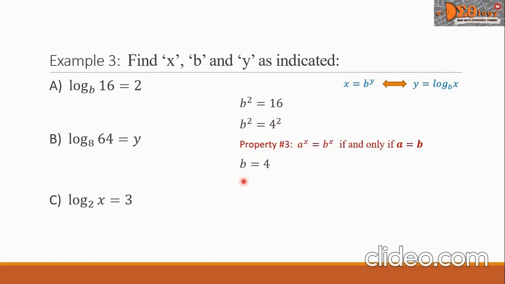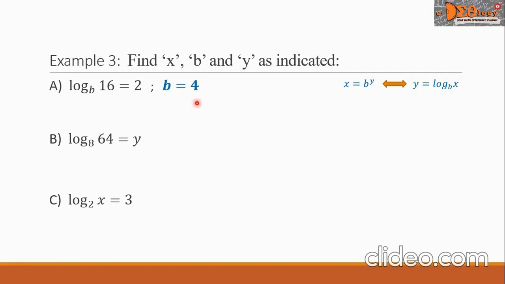So I have here b equals 4, and this is my answer for letter A. It means the value of b equals 4. I will just copy this answer opposite letter A.